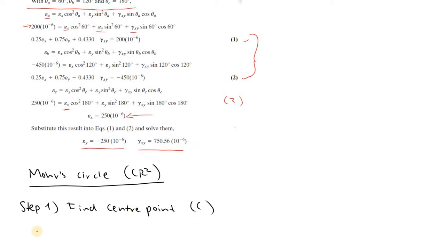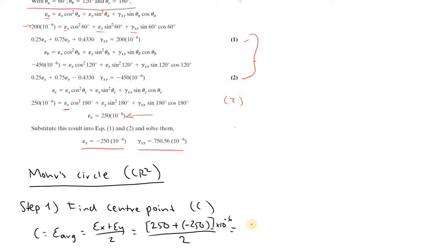And our center point is, again, just the average, but in this case, it's the average strain. And we have these values as 250 plus minus 250, and yes, these are times 10 to the negative 6, divided by 2. Well, we'll find this is going to end up being 0.